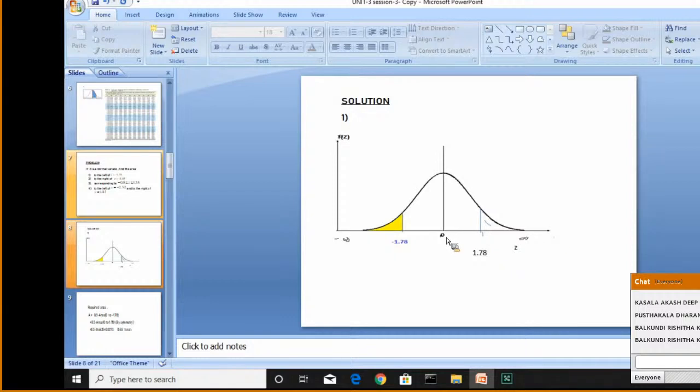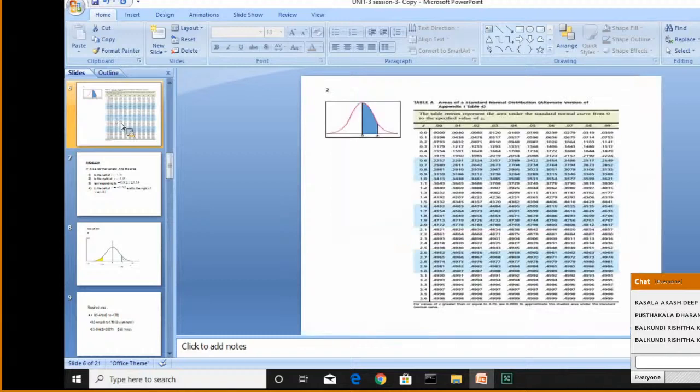Now I will take the table and check the area from 0 to 1.78 and subtract that value from 0.5. Rishita has already told the value: 0.4625. Again I will repeat, it may not be clear for all of you. 1.78, where is 8? I have to move the chat box a little.